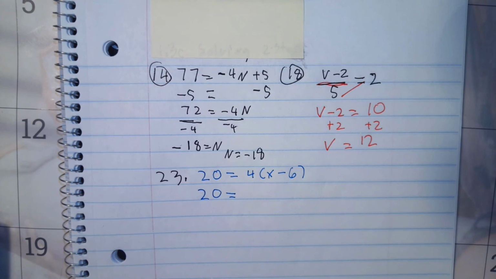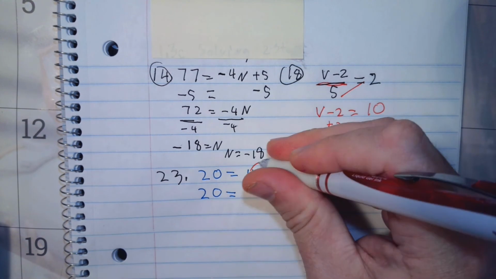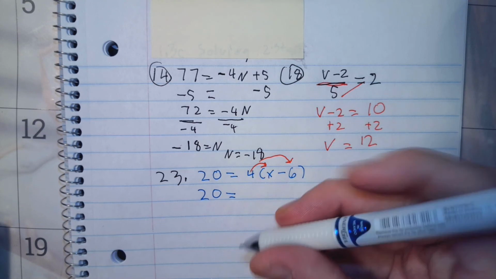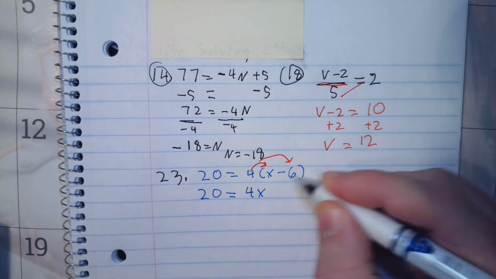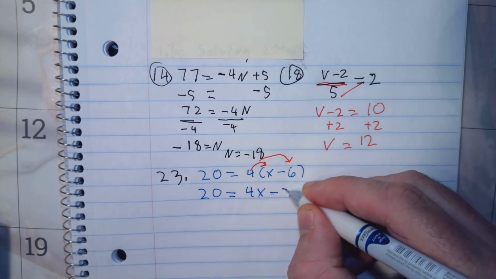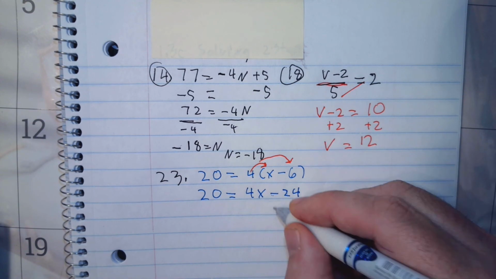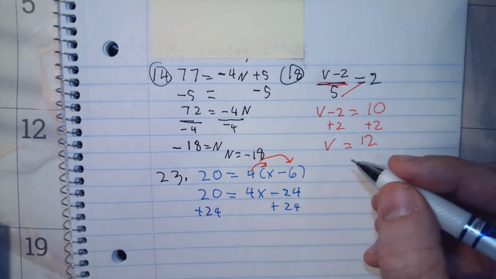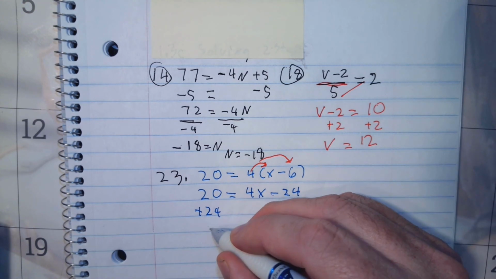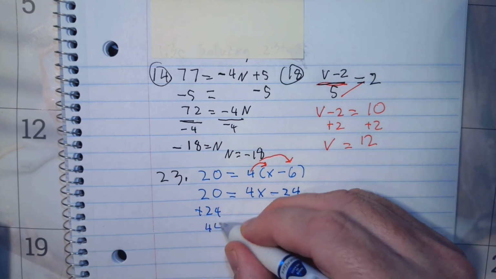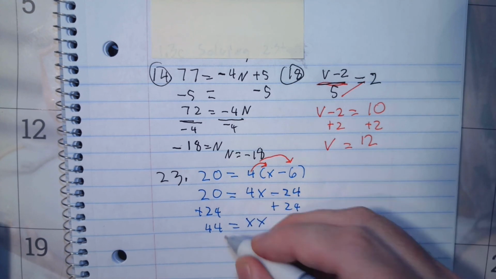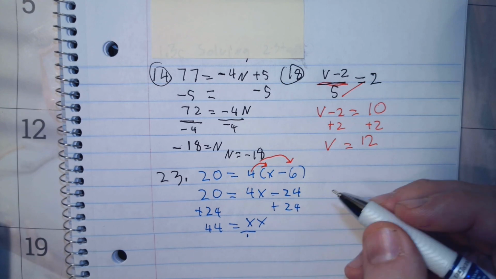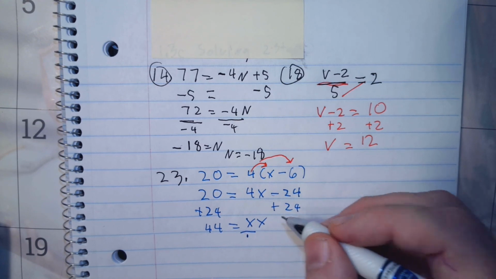Remember, we need to multiply here and here, here and here. And so we're going to get our 4x minus 24. Let's add 24. Let's add 24. And that looks like that's going to be a 44. 4x, divide by, well, I wrote xx. I don't think that's what I'm supposed to write.